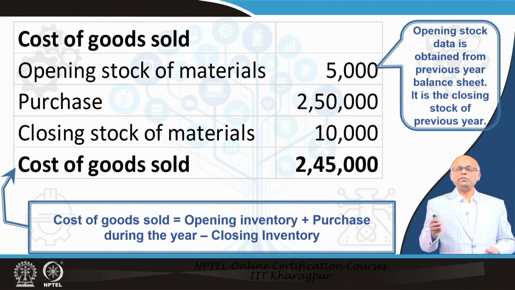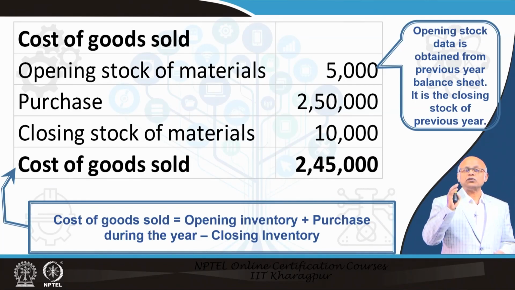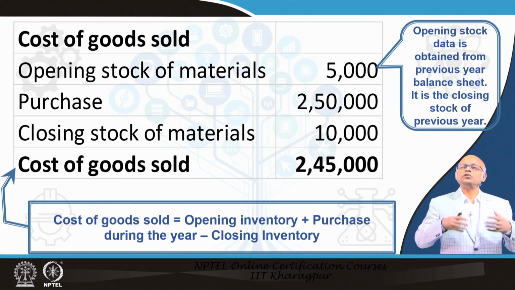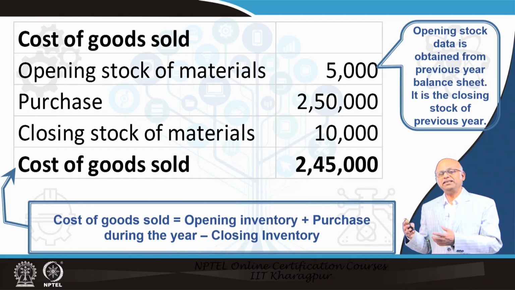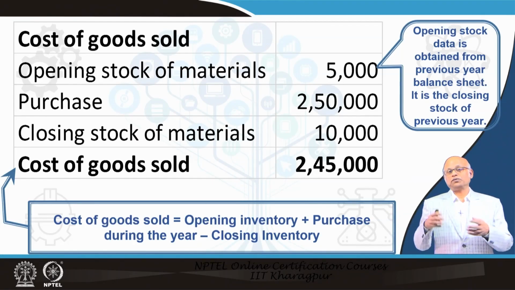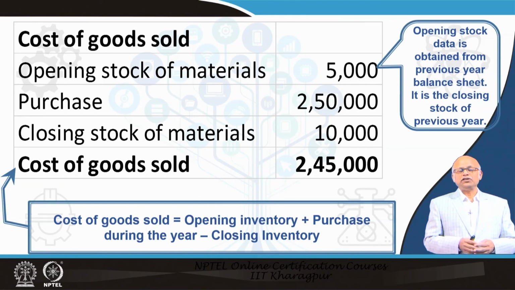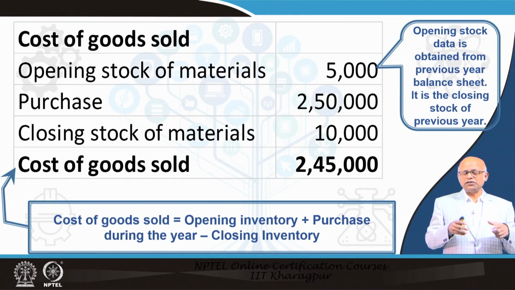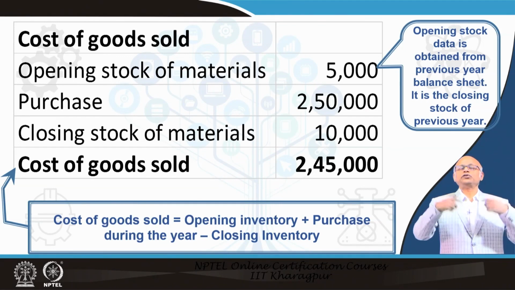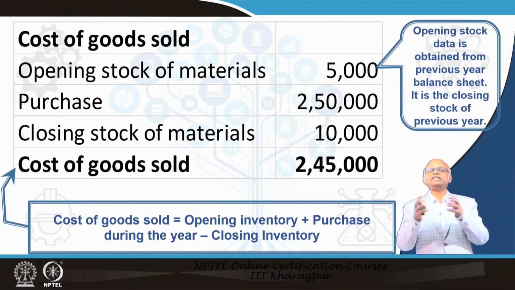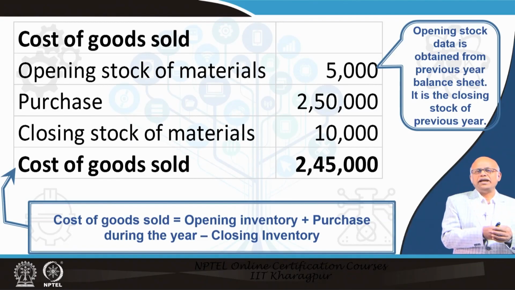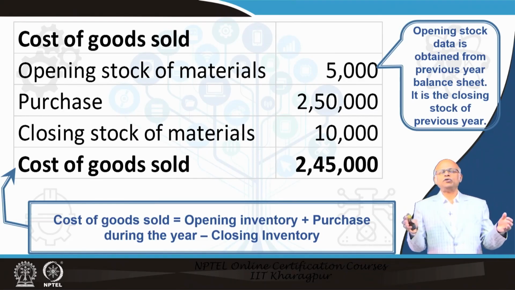If you remember, cost of goods sold is nothing but the goods that you consumed to achieve the sales by selling the goods. It is the cost of the goods that you sold to achieve that sales. Whatever you sold, you have to estimate what the goods were, and then estimate the cost of those goods. So, how do you estimate that?